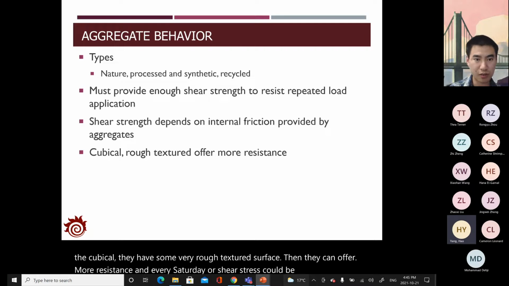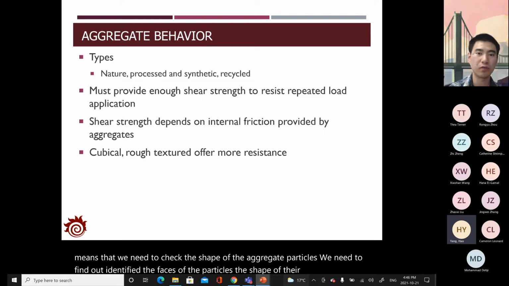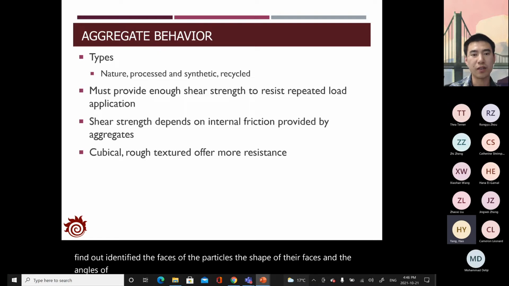So this means that we need to check the shape of the aggregate particles. We need to identify the faces of the particles, the shape of the faces and the angles of the particles to determine the shear strength of the aggregates.